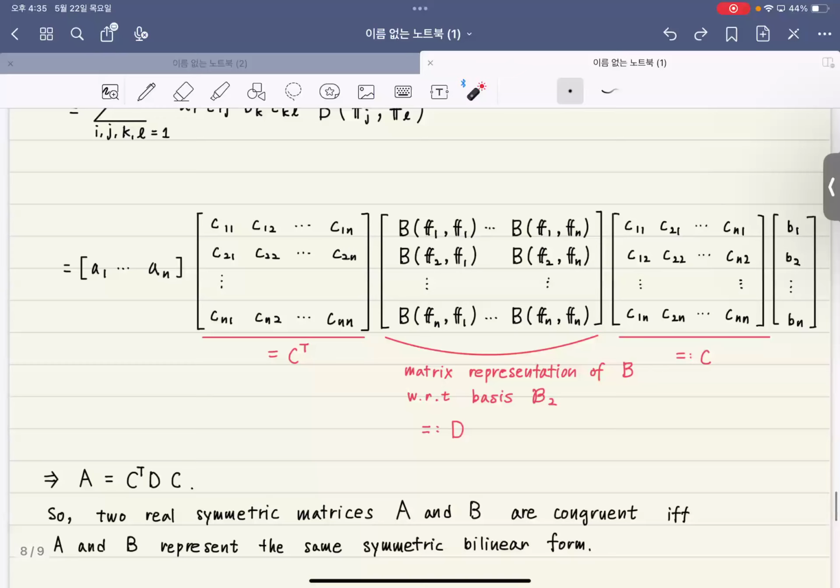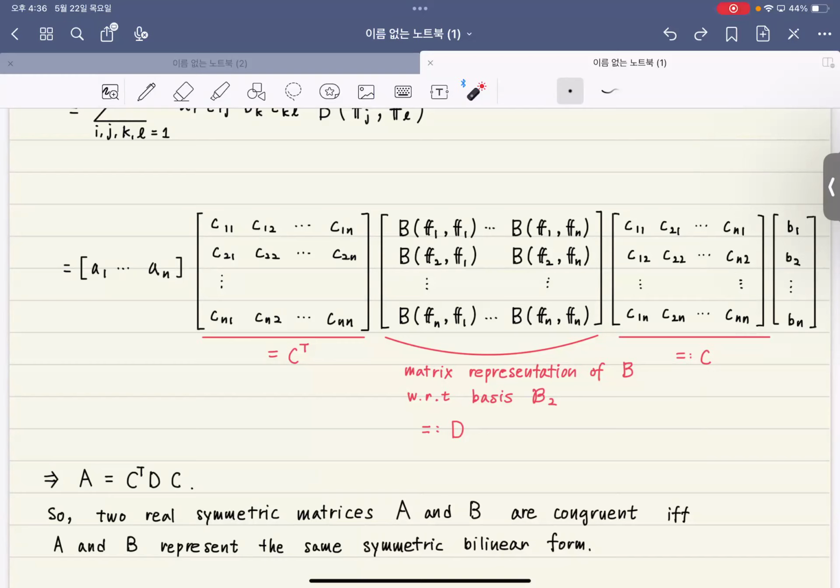So this gives us some idea. Suppose that you have two different real and symmetric matrices of the same size, and they are congruent to each other, so you can find some non-singular matrix C such that A is C transpose times D times C. That means, if and only if, these two matrices are representing the same symmetric bilinear form, only the choice of basis was different.